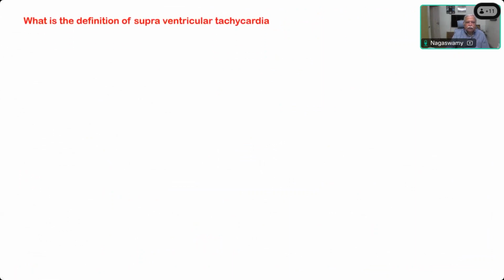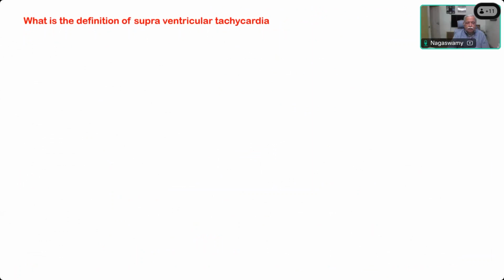What is the definition of supraventricular tachycardia? It is a narrow complex tachycardia with a heart rate of more than 100 per minute, with regular rhythm and normal QRS, where each P wave is followed by a QRS complex.